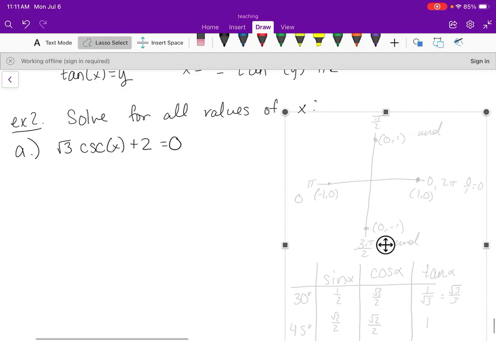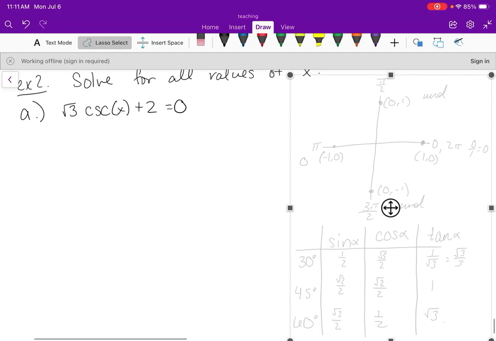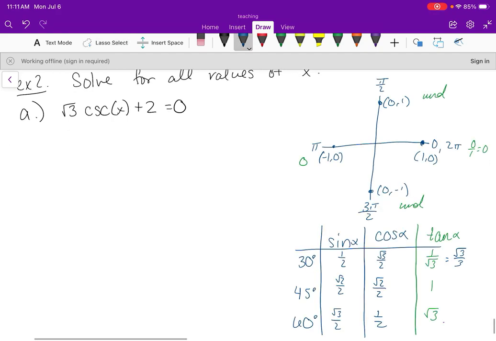Okay. I'll solve it for cosecant first, so I'll get everything on one side. So I have cosecant x equals negative 2 over square root 3. So I subtracted the 2 and then divided by square root 3.